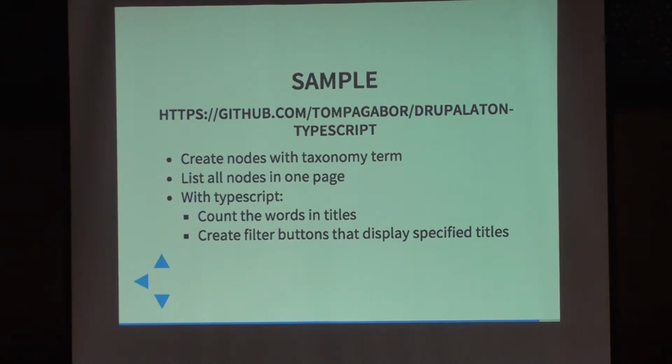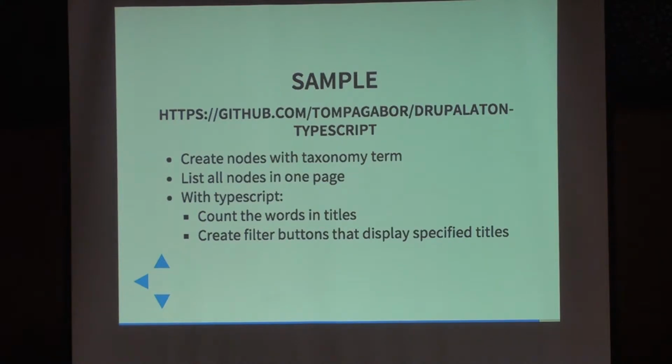That's very easy code. I just created a lot of nodes with Devel, and list all nodes on one page. And with TypeScript, I count the words in titles and create filter buttons to display specific nodes.